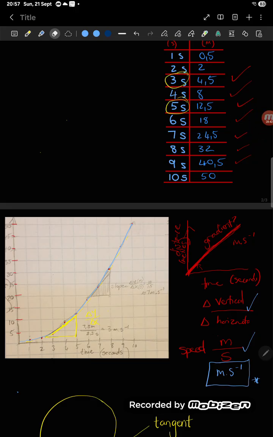Okay, if I would have drawn this really, really accurately, in other words, 1 for 1, so 1 second here, 1 meter here, 2 seconds here, 2 meters here, I would have 7.5 on the y-axis, and I would have 2.5, meaning 3 minus 0.5, on the x-axis.